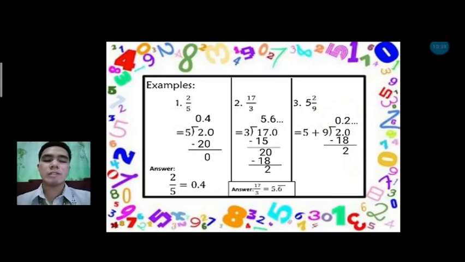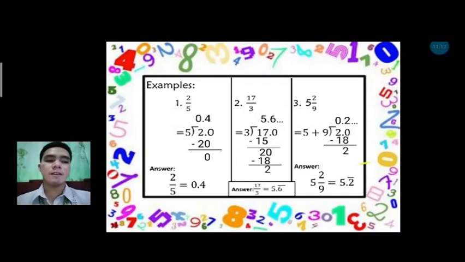As you can see, it is a continuous process. Therefore, you have to stop there because our answer is 0.22222 and so on and so forth. So our value in decimal form of 5 and 2 over 9 is 5 plus 0.2222.